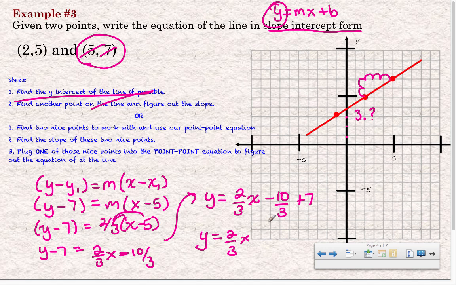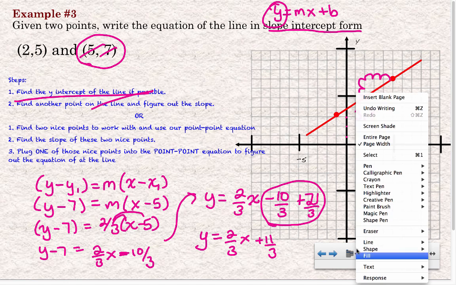So now what is negative 10/3 plus 7? Ooh, fractions. Now some of you may reach for your calculator, but really I have to write 7 with a denominator of 3, so that's really just 21/3. So negative 10 plus 21 is a positive 11/3. Well, 11/3 is 3 and 2/3. Looks pretty good. There's the equation of my line.